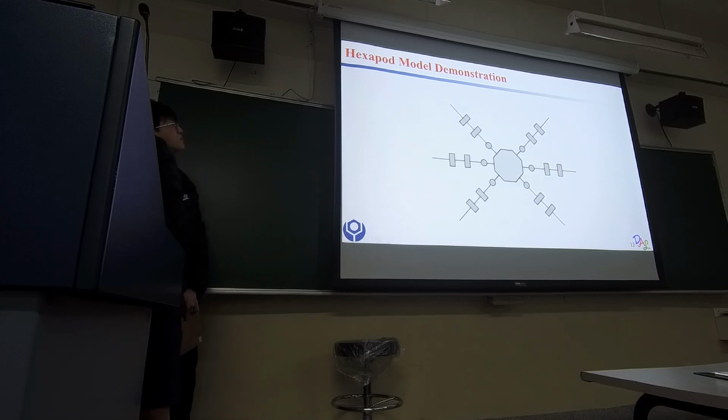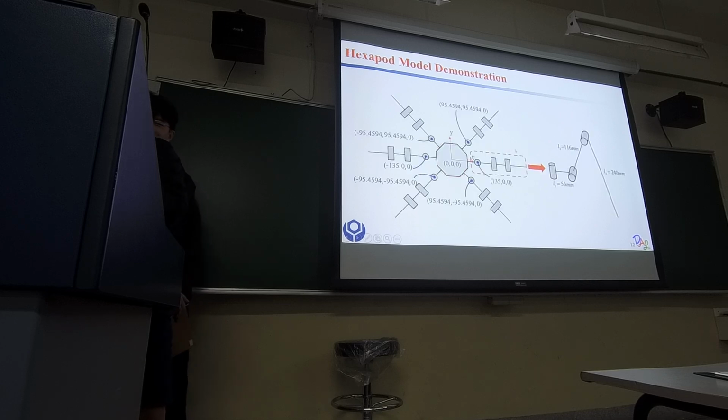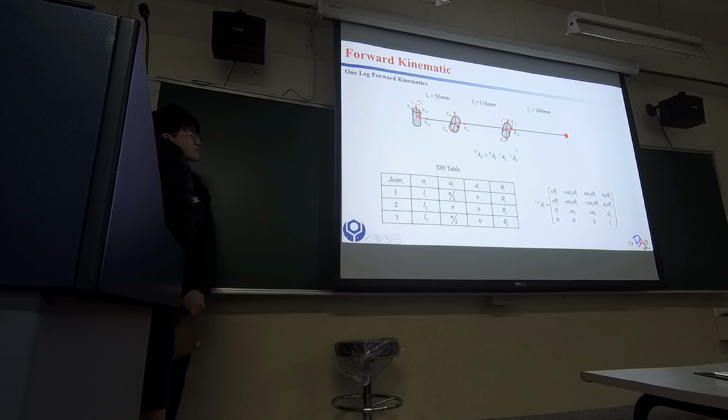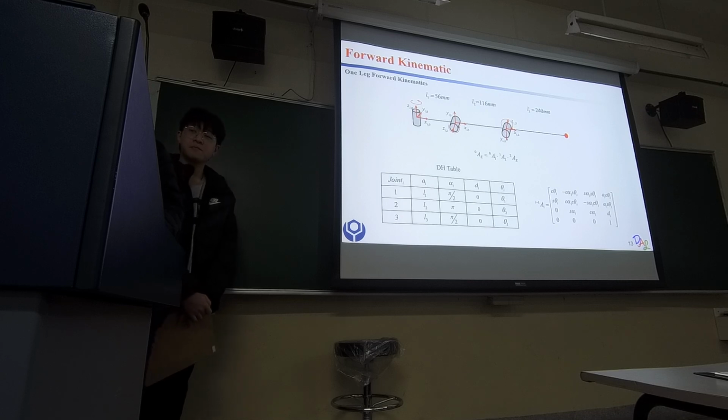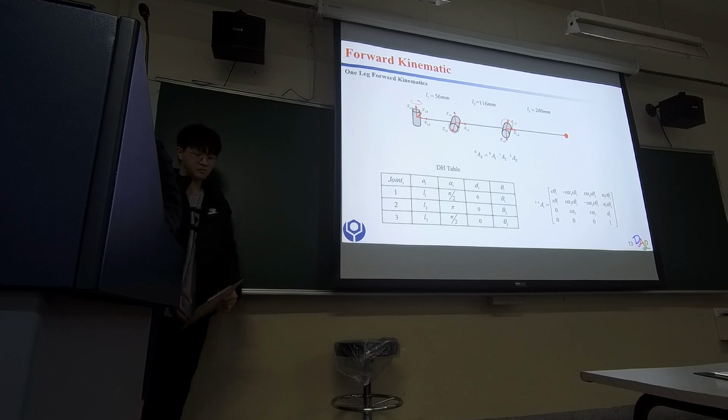Next, I will introduce the forward kinematics analysis. We first define the coordinate systems for one leg, and the coordinate systems are established based on 4 rules. The first rule is the leg axis must be the axis of rotation for each revolute joint.